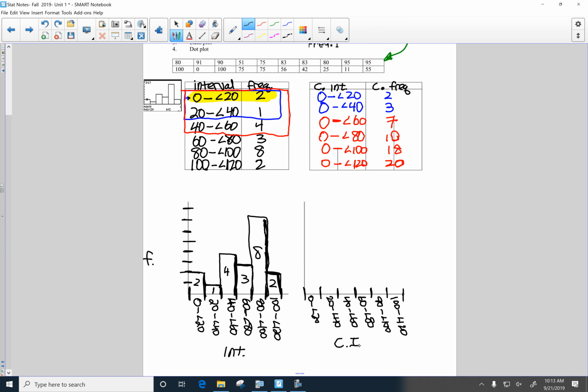So cumulative intervals, and then cumulative frequencies. I mean, I suppose we can go by ones and get up to 20. I just don't particularly want to. So I'll go by fives.